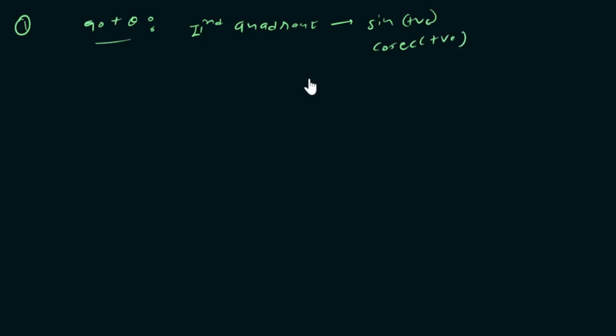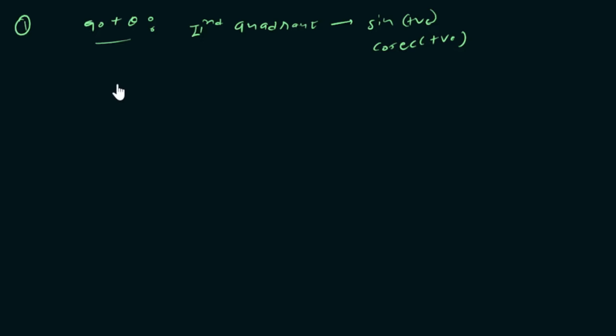Our first case is for the 90 angle. If we have 90 plus theta, the angle will be in the second quadrant. In this quadrant, sine is positive, and cosec is also positive.